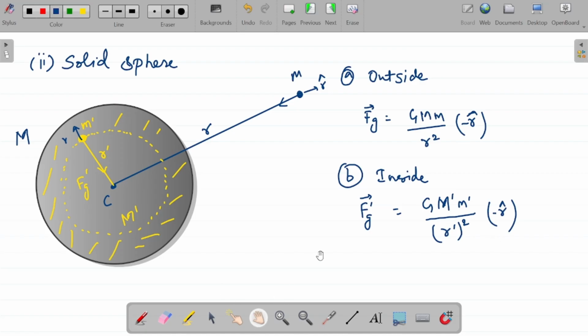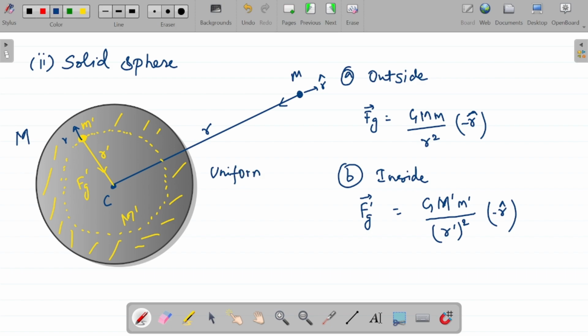Now we have to check what is the mass M prime in terms of the total mass of this body. So we can assume that this sphere is uniform. If this sphere is uniform, then its density will be the same, whether we are taking the complete sphere or we are extracting a part from it.